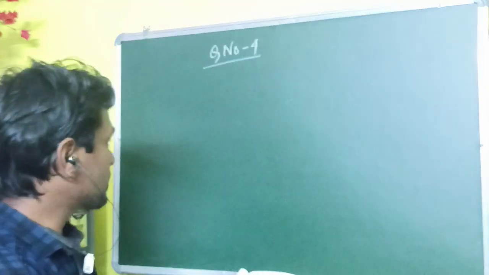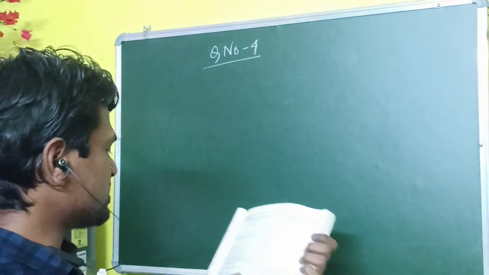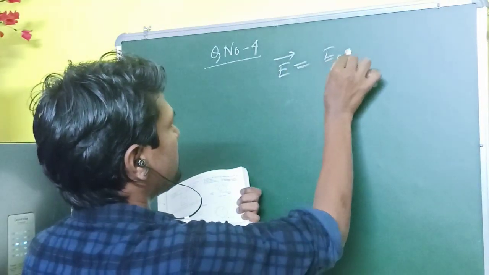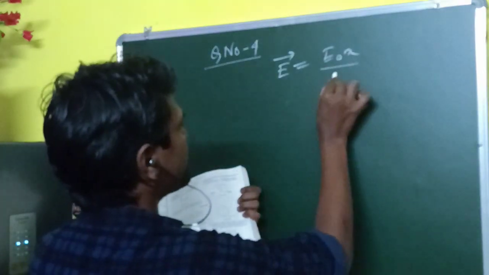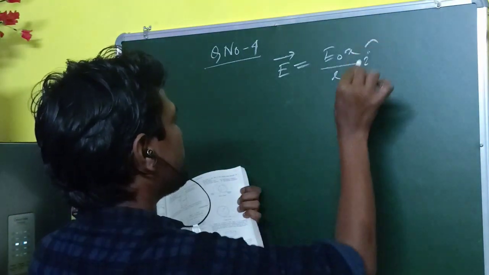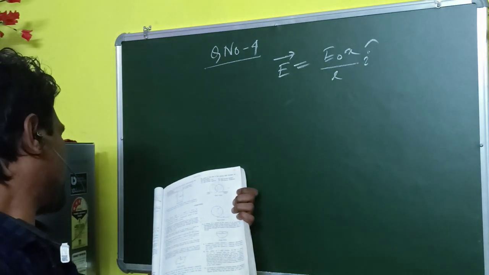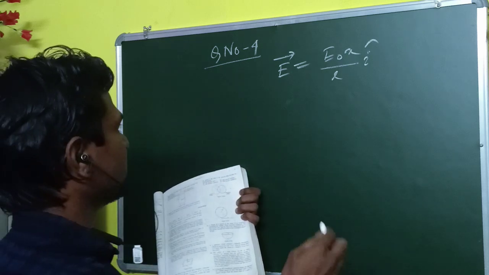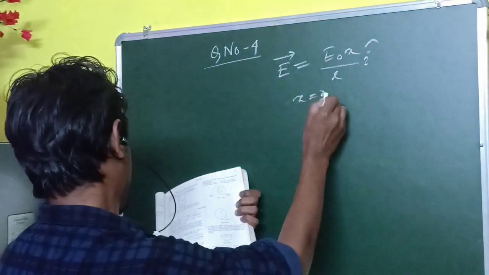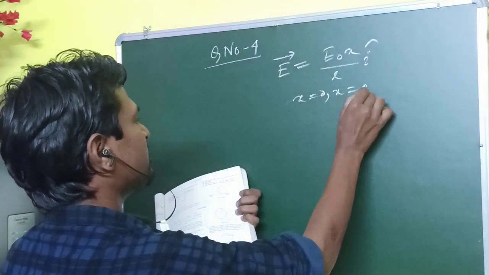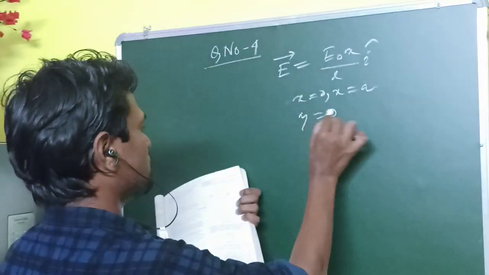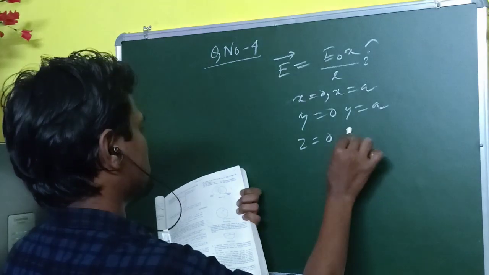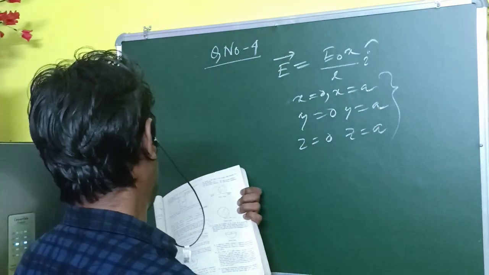So question number 4: the electric field in a region is given by E equals E naught x by L, i cap. The electric field is given; find the charge content inside a cubical volume bounded by the surfaces x equals 0, x equals a, y equals 0, y equals a, and z equals 0, z equals a.